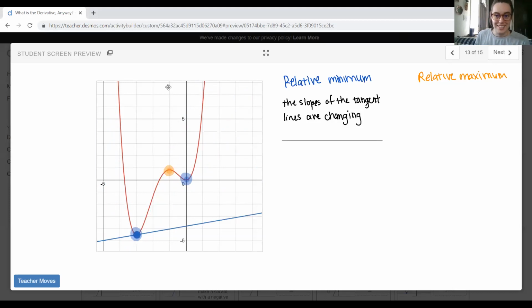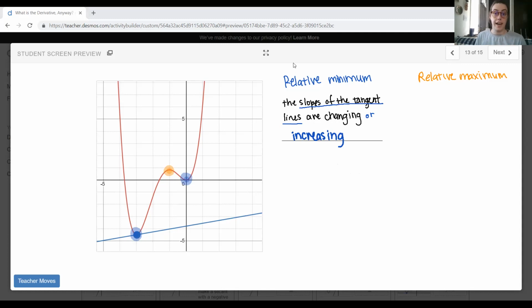In other words, we could say that these slopes are increasing. Okay. So the slopes of the tangent lines are increasing around a minimum.